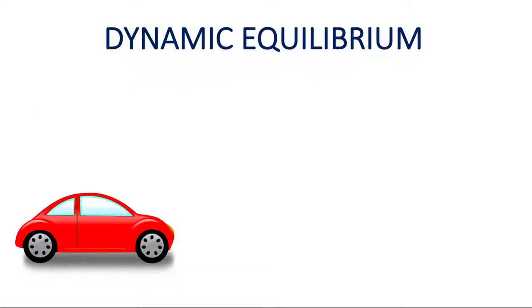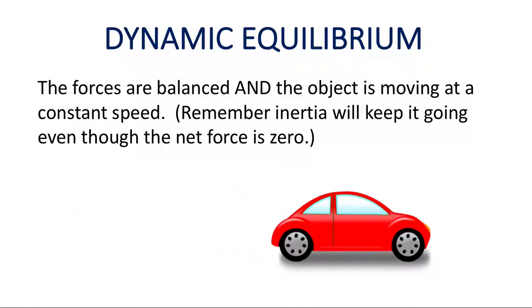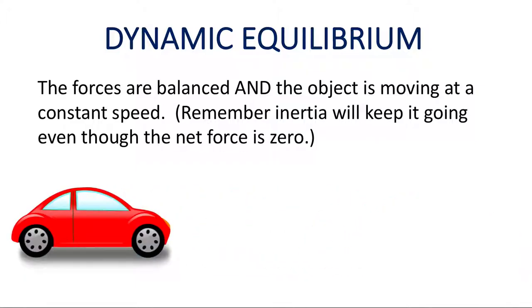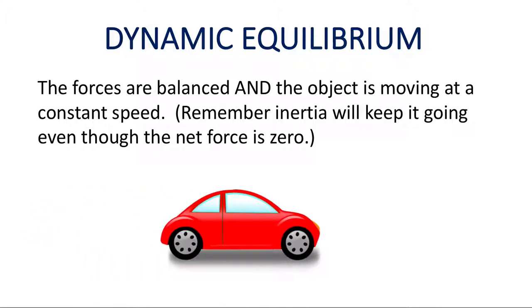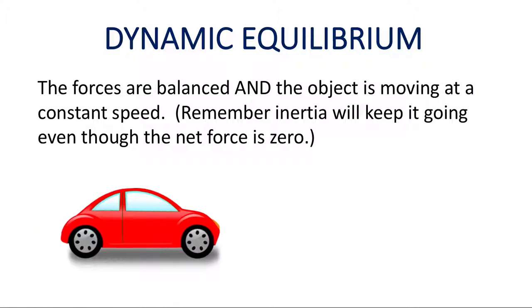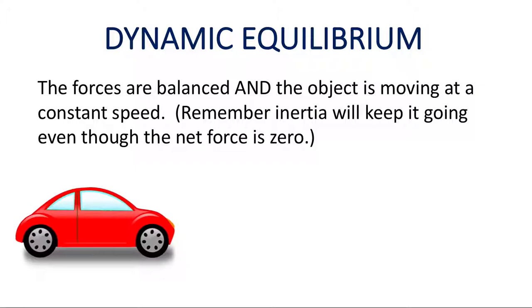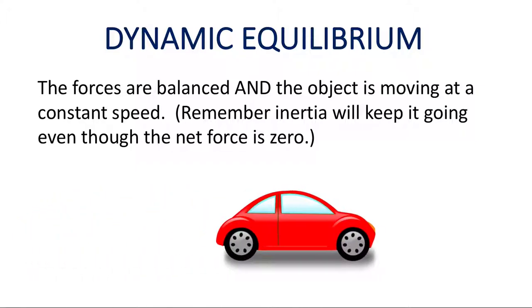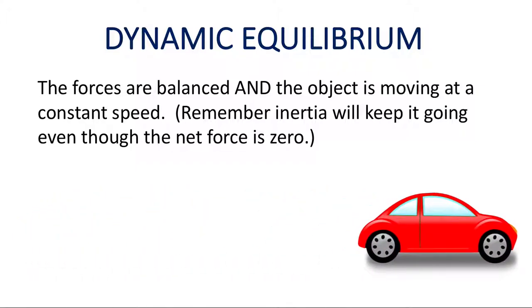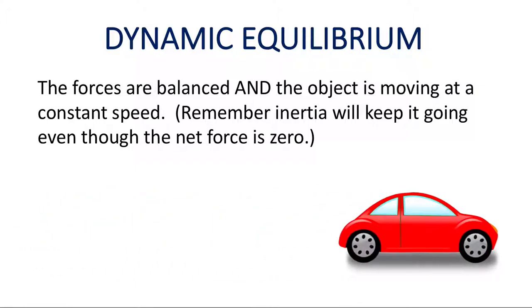The second type of equilibrium is called dynamic equilibrium. In this one, the forces are balanced and the object is moving at a constant speed. Remember that inertia will keep the object going even though the net force is 0. This is hard for some students to believe, but it does make sense if we think about Newton's first law.